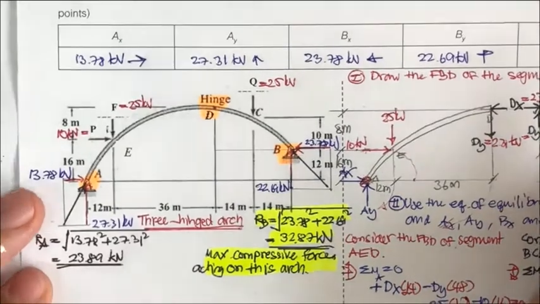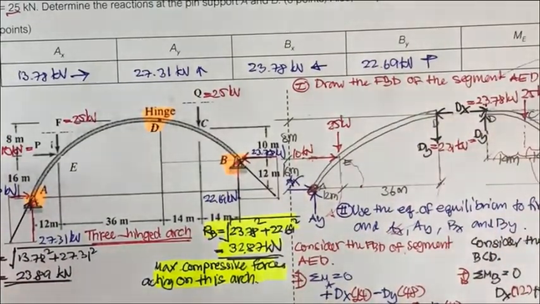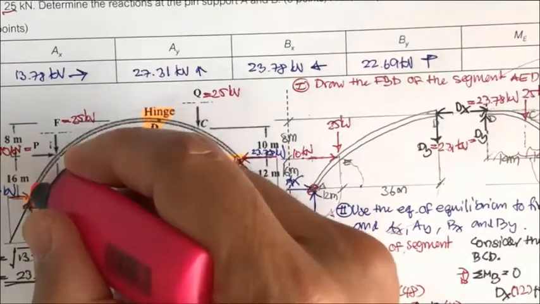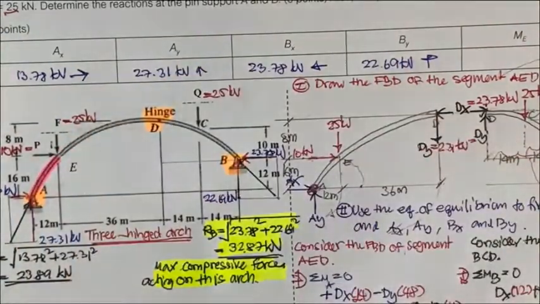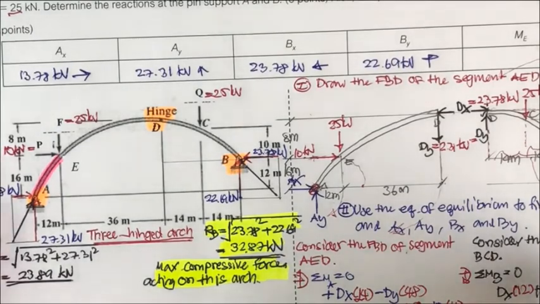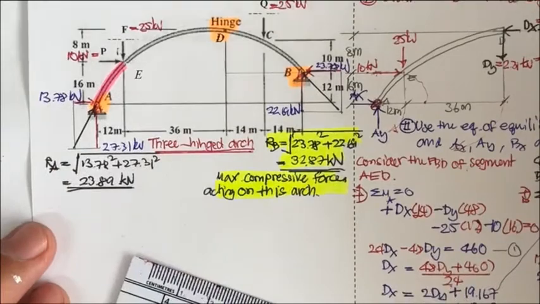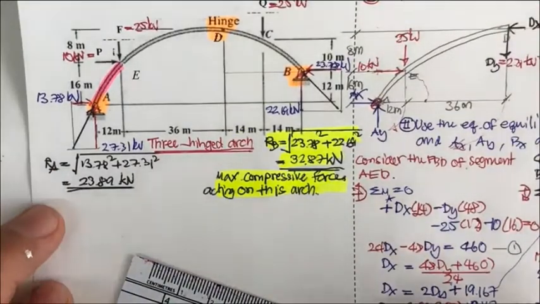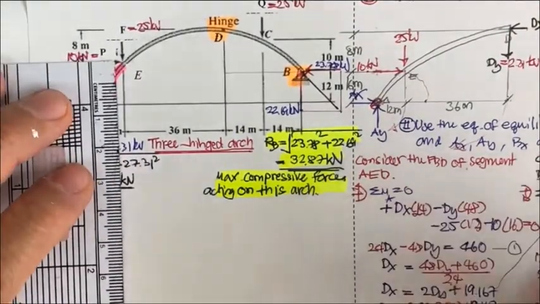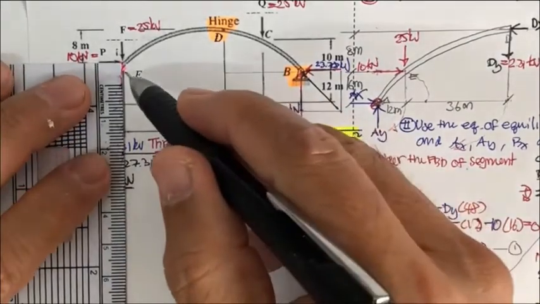Next, they ask us to determine the M sub E. What the M sub E is going to be on this portion means we're going to draw the free body diagram of that portion and determine the moment at point E. So let me project this point.